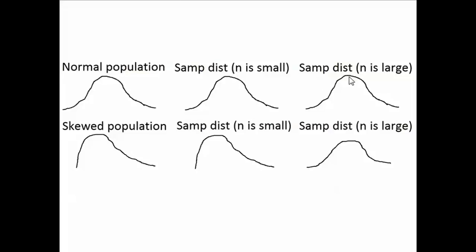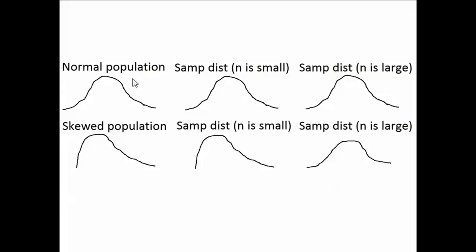size was large. We also saw that when the individuals in the population were positively skewed, like this curve right here, the sampling distribution of sample means was also skewed when we used a small sample size of 10, and the sampling distribution of sample means was roughly normal when we used a sample size of 30.